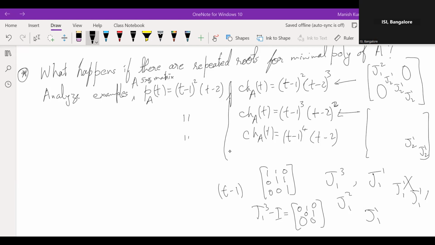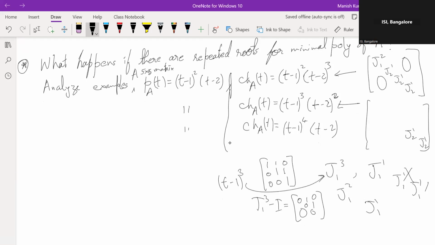So (t minus 1) square is not going to annihilate this. So the minimal polynomial for J13 is (t minus 1) cube. But here, when restricted to the one eigenspace, we know that the minimal polynomial is (t minus 1) whole square. So it can't be J13, so it has to be this thing: J12, J11.